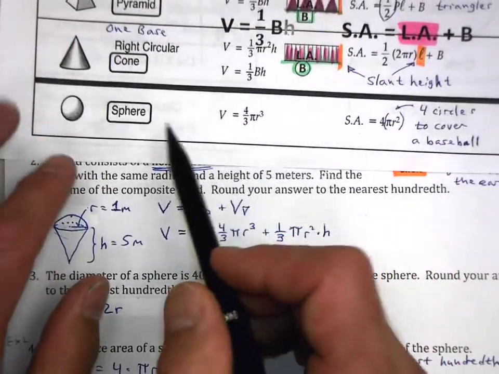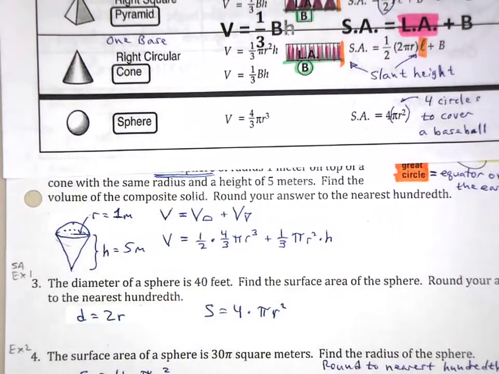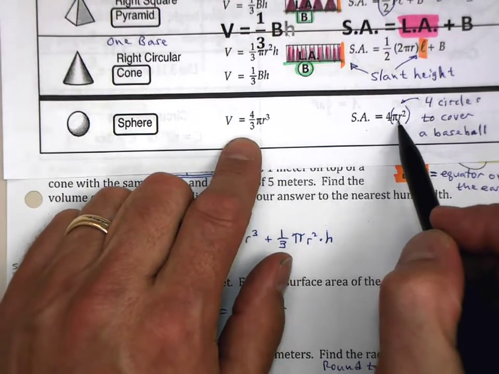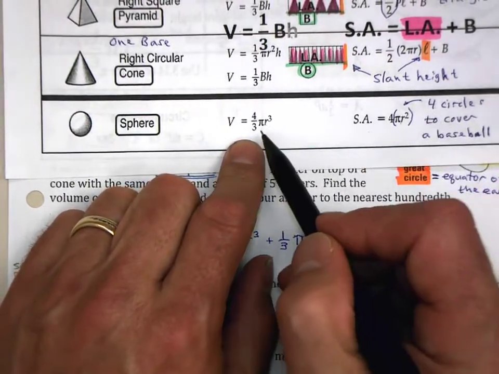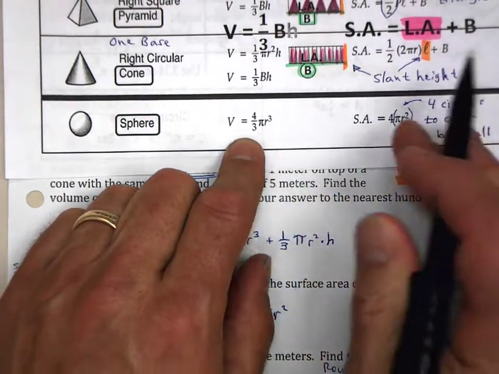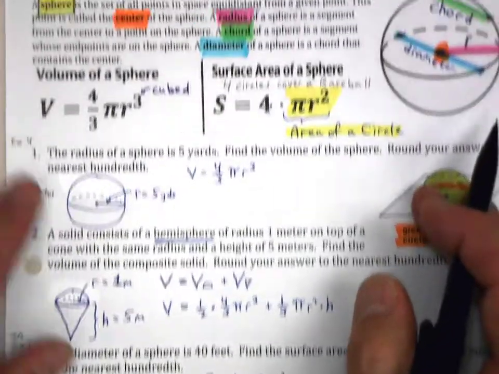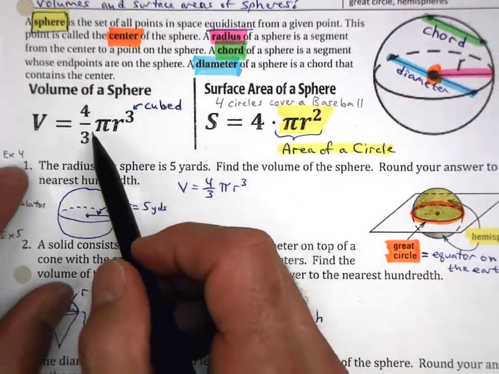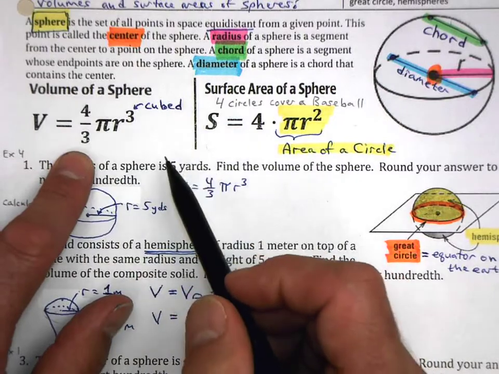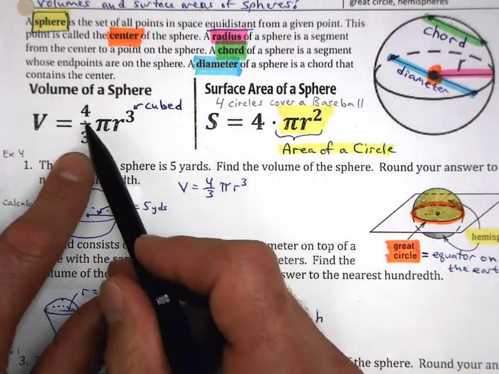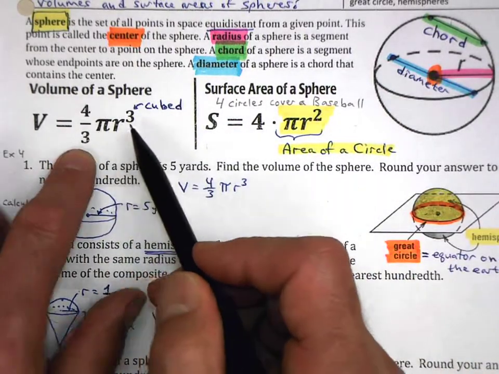Now we're looking at a sphere. And a sphere, as you can see, is really simple. You only have two equations there to wrestle with. So let's do the volume first, and then we'll do surface area. The equation for the volume of a sphere is 4/3 pi r cubed.